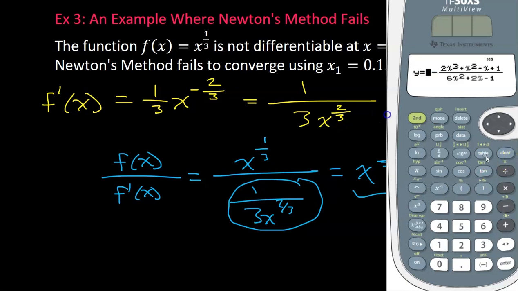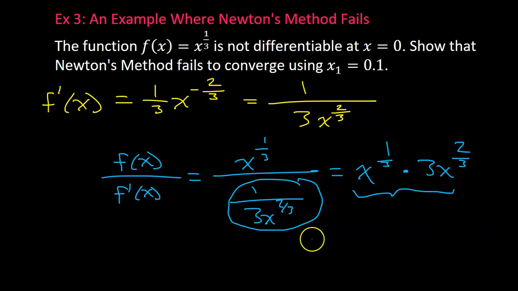Okay, so let's again use the table feature of our TI-30XS MultiView. I'm going to clear out the old function. Newton's method says you start with your guess. So I'm just going to put x for the guess, and then minus, and then you normally do f of x over f prime. But like I told you, I'm just going to wind up doing f of x times this because I'm multiplying by the reciprocal.